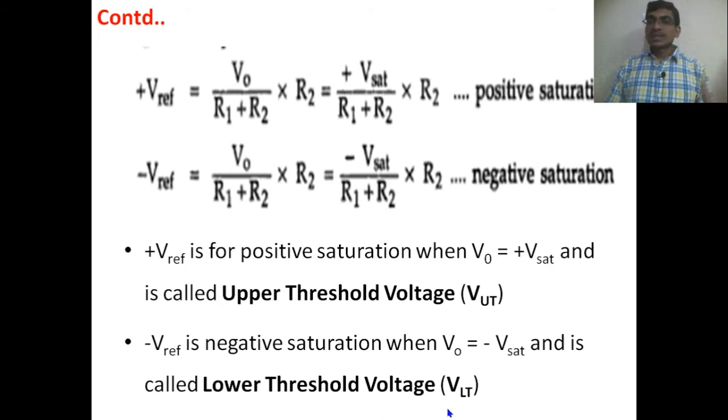So in the Schmitt trigger we have two threshold voltages, called the upper threshold voltage and the lower threshold voltage. Based on these two voltages, our output will change its state.